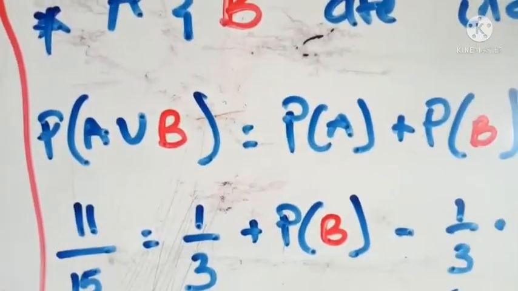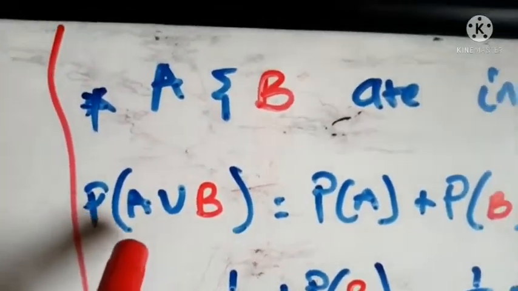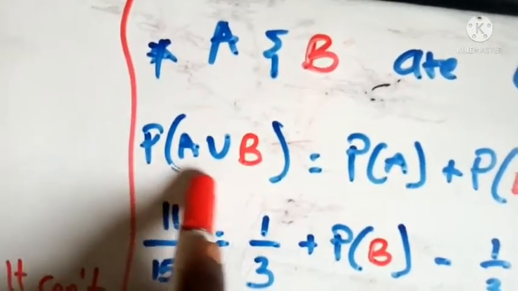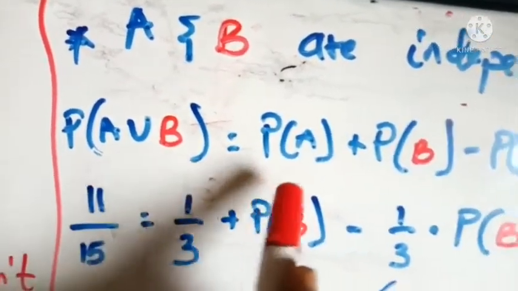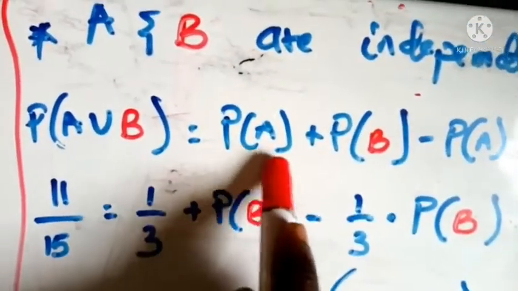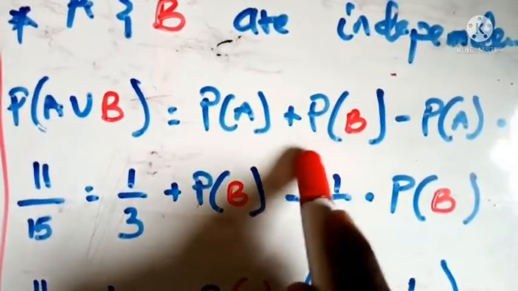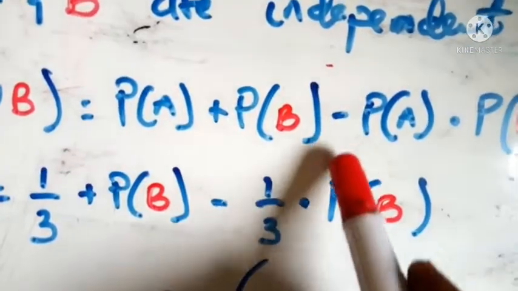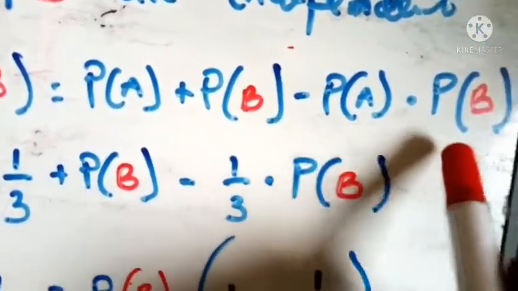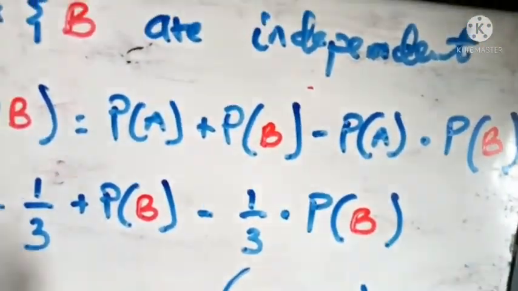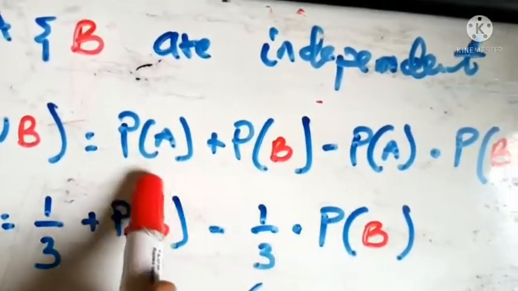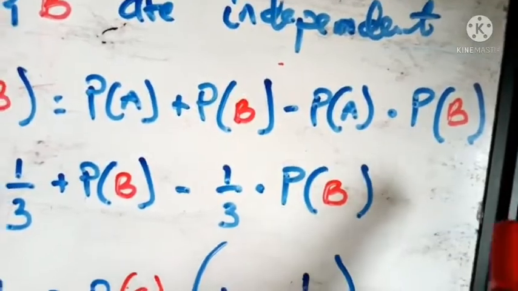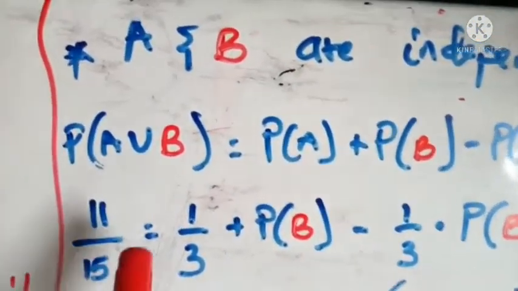So if the two events are independent, what it means is that the union of the two, when you combine it, you should split apart: the first event plus the second event, and then we take away the first multiplied by the second, because we want them to be independent. This is just a very simple tool that you have to use. We are combining them first, and then we are splitting them, taking them one by one. Now the rest is just to replace.